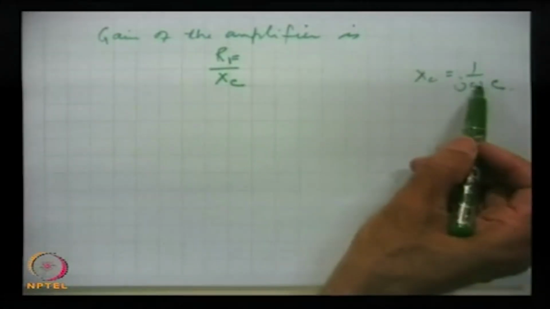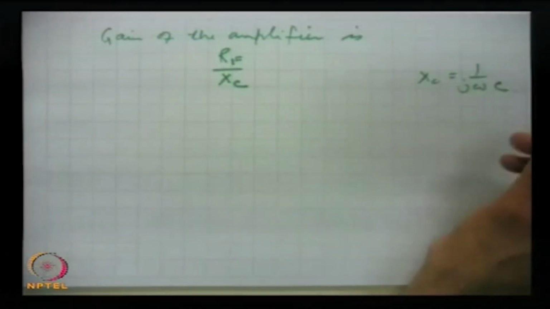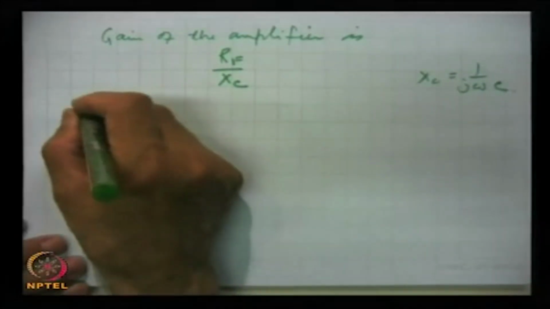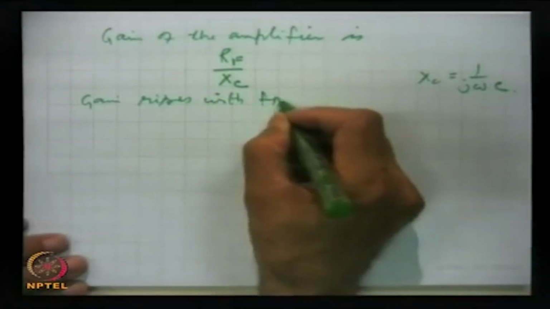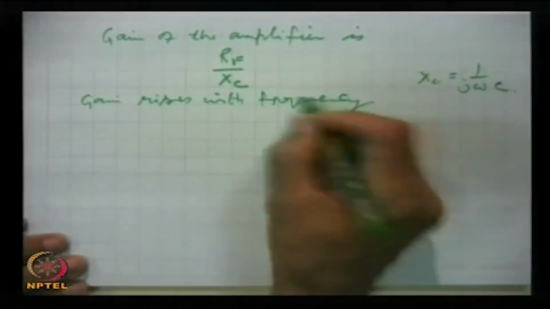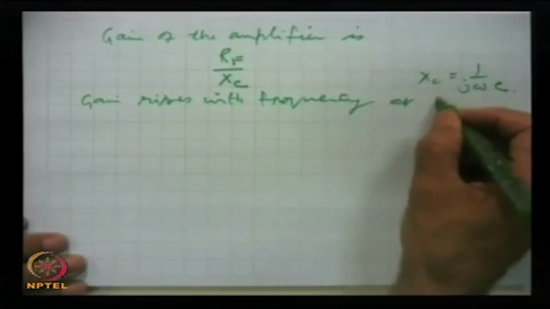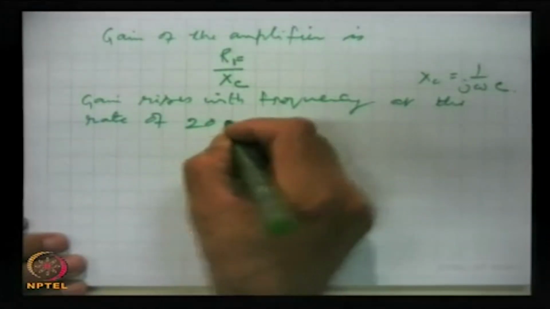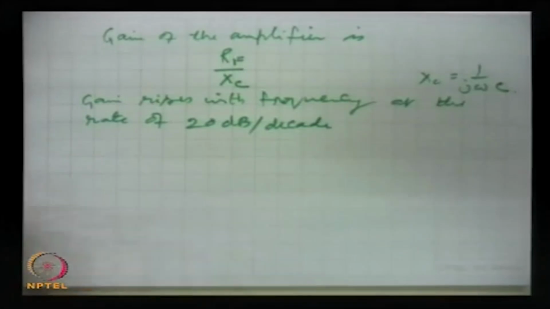So at low frequencies this is high, at high frequencies this is very low, and therefore gain rises with frequency at the rate of 20 dB per decade of frequency.